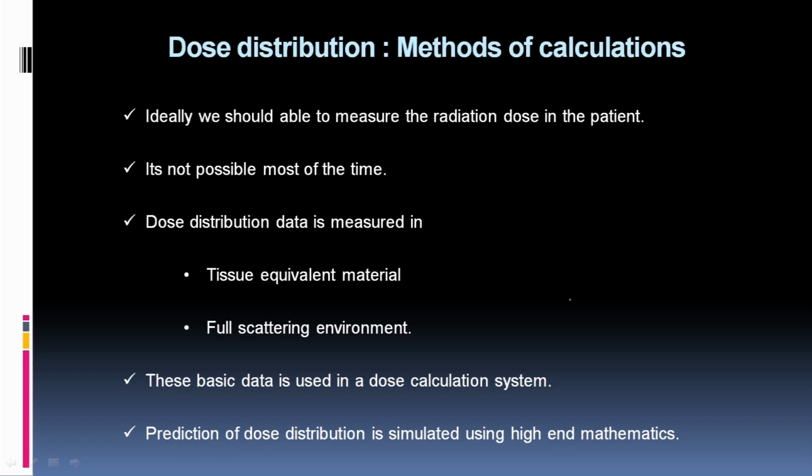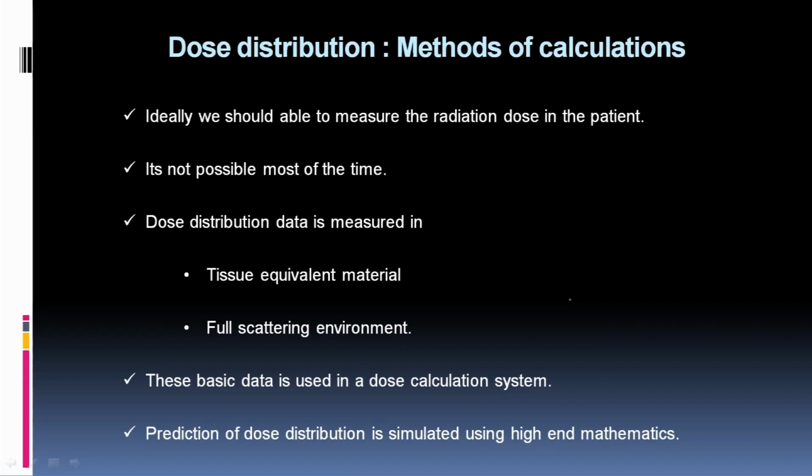This means we should have such a volume that full scattering is provided to measure the dose distribution data in the tissue equivalent materials. These basic data are used in dose calculation systems. It may be a computerized treatment planning system, or it may be a manual calculation system.